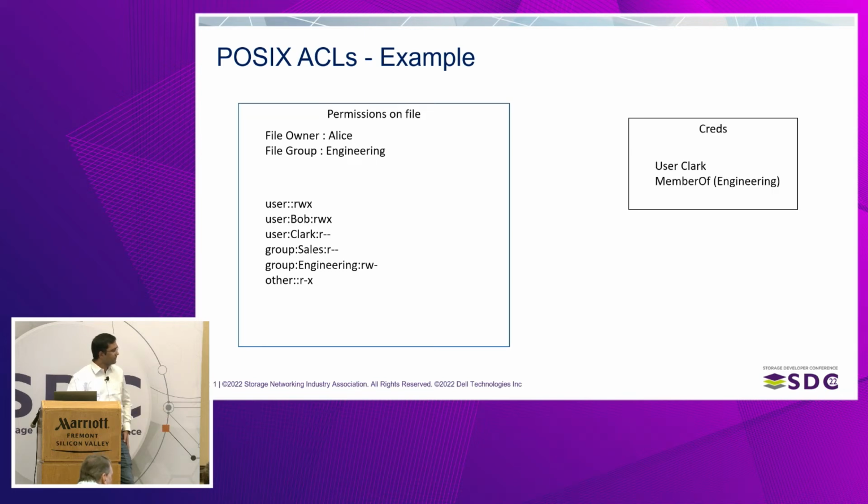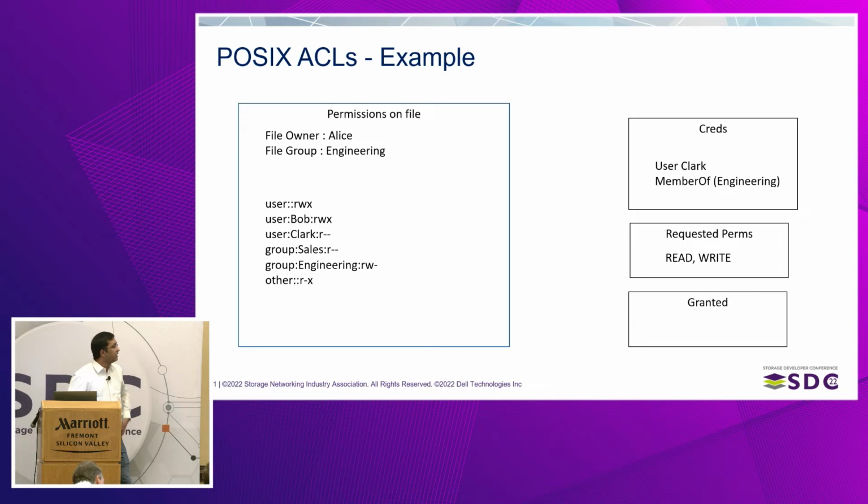Now, here's the third example. For the user Clark, there's an explicit ACE which grants just read. Clark wants read, write, and Clark is also a member of engineering, which has read, write permissions. But this is the way the algorithm proceeds. It first checks whether Clark is the file owner; he's not.